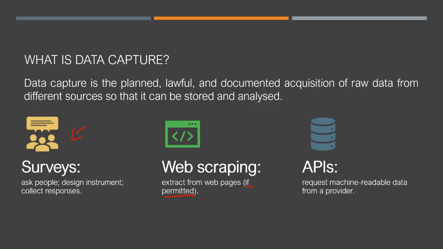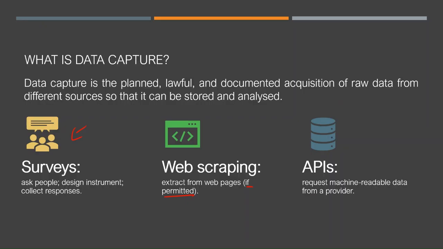Now, when we are referring to capturing data, an example would be a survey. There are different surveys that are done. You can ask people different questions, and we'll talk about different aspects of surveys in a moment.